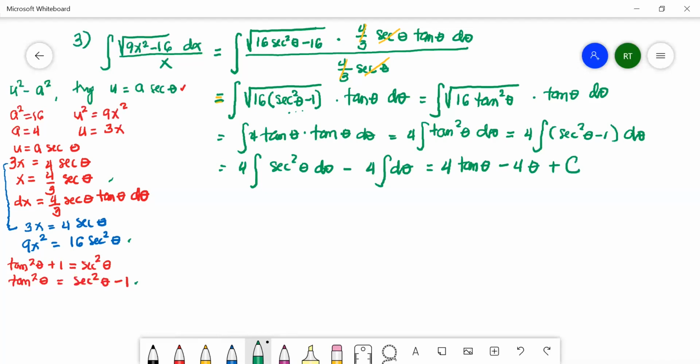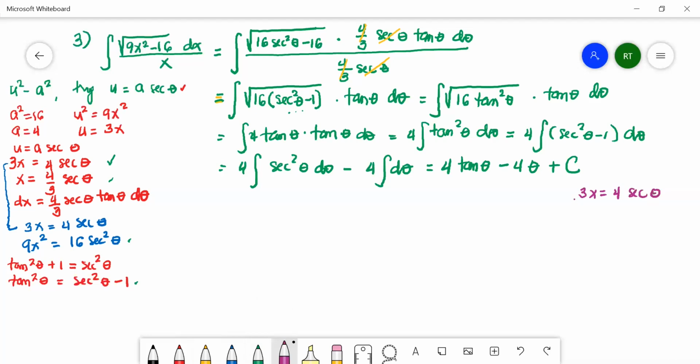And at this point, we need to substitute back the original variable. Now how do we substitute back the original variable? We need again to refer to a right triangle, using the substitution 3x is equal to 4 secant of theta.